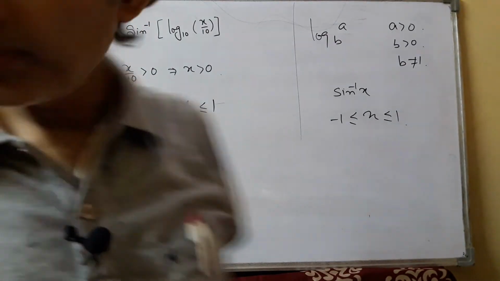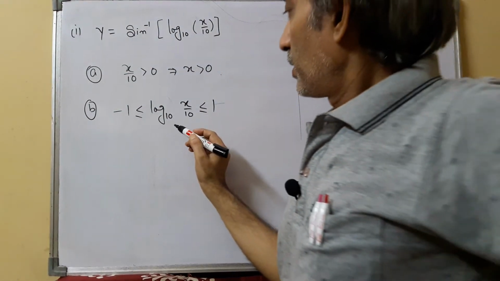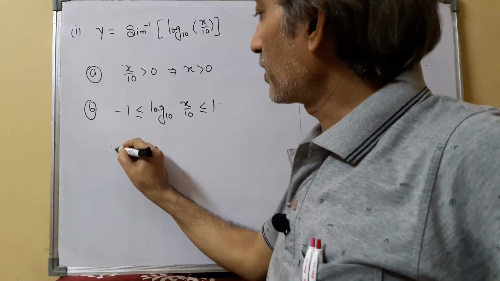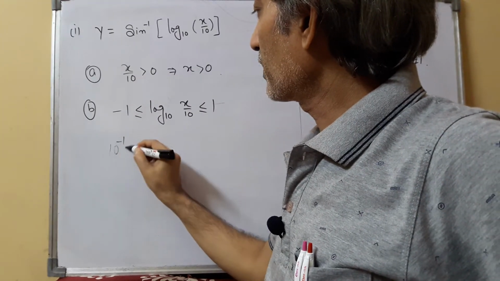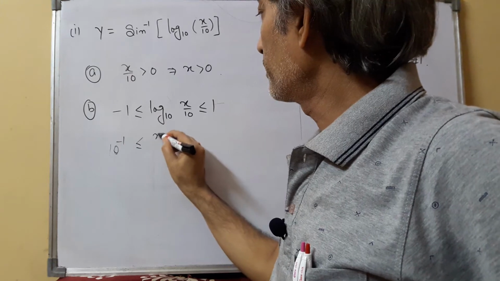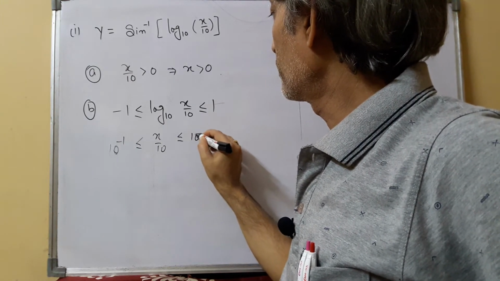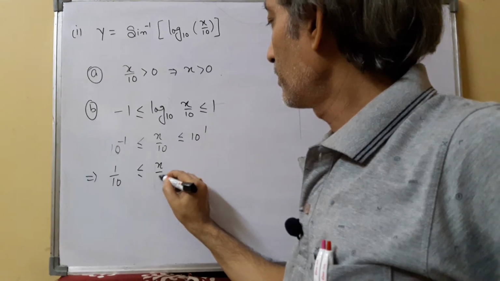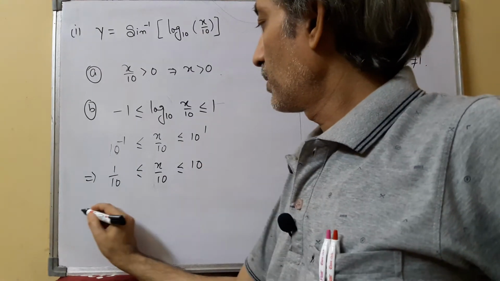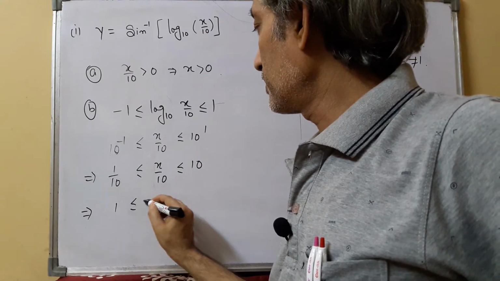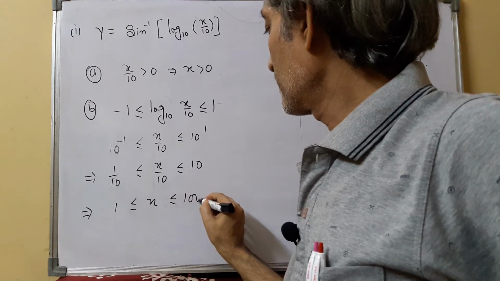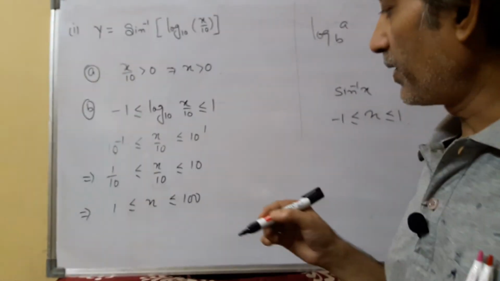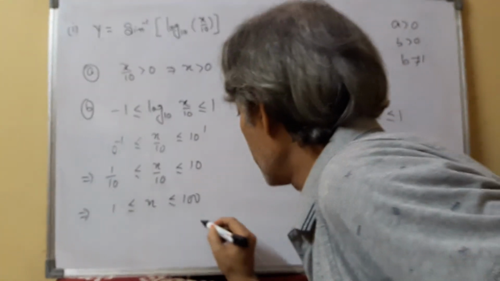So we have to bring this in between them. Now how to remove the base and log? So we will take 10 raised to the power minus 1, this implies 1 upon 10, and this implies... so we are getting values of x lying in between 1 and 100, including 1 as well as 100.